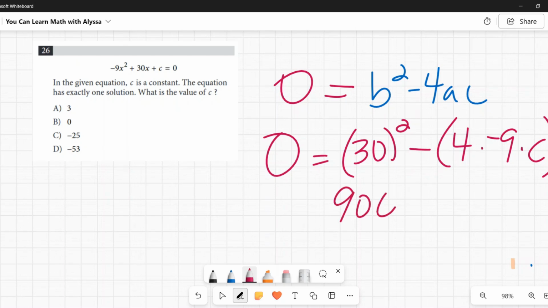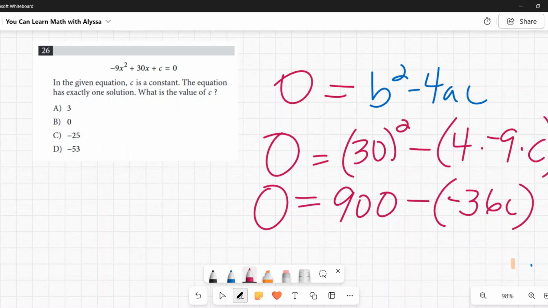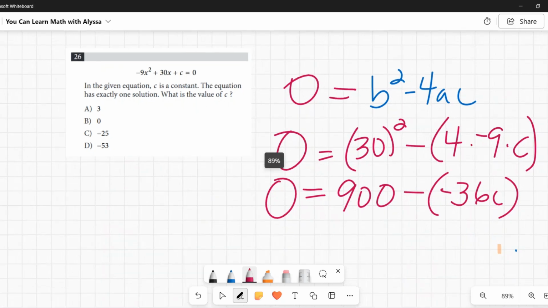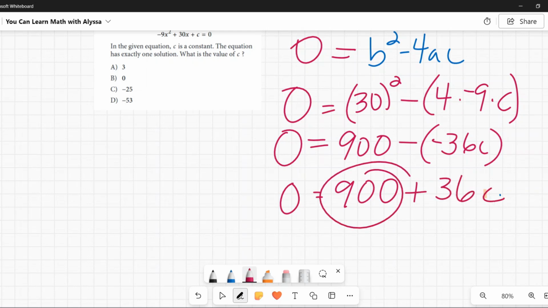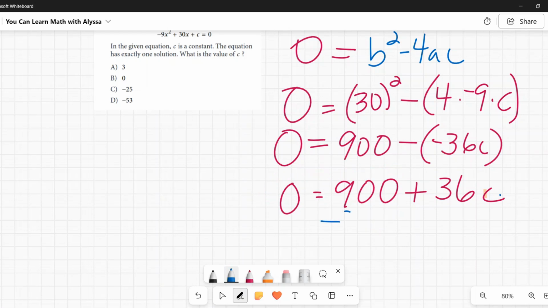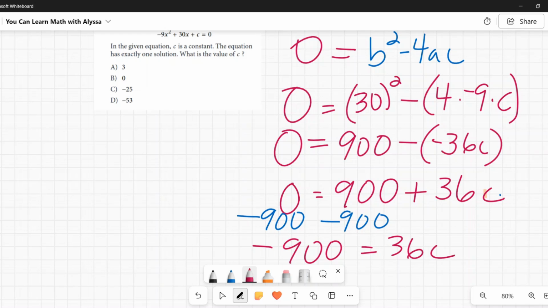30 squared is 900. Minus 4 times negative 9 is negative 36c. So 900 minus a negative 36c. Minus a negative makes a positive 36c. I'm going to move this 900 over to the other side by subtracting 900 from both sides, and I'm going to get negative 900 equals 36c.